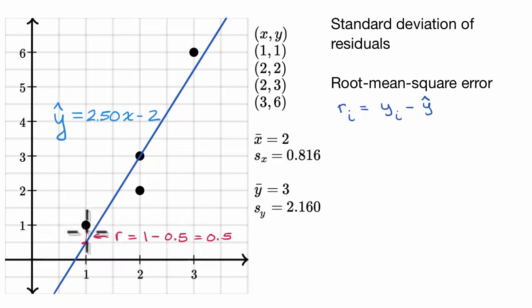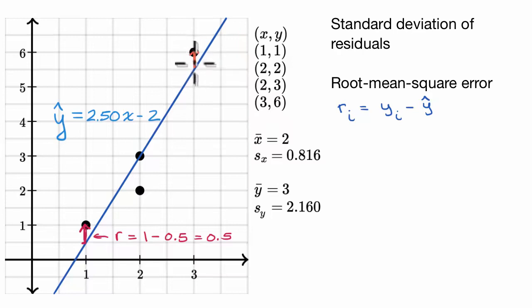And it's a positive 0.5. If the actual point is above the model, you are going to have a positive residual. Over here, you also have the actual point being higher than the model, so this is also going to be a positive residual.